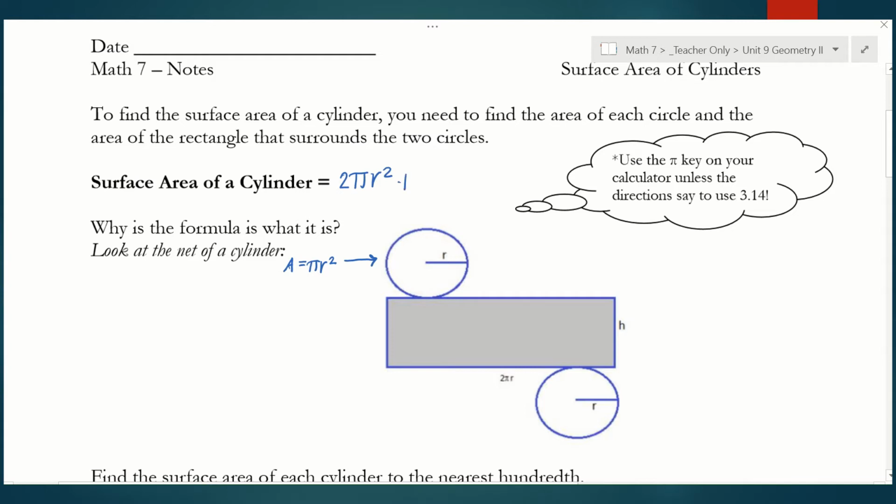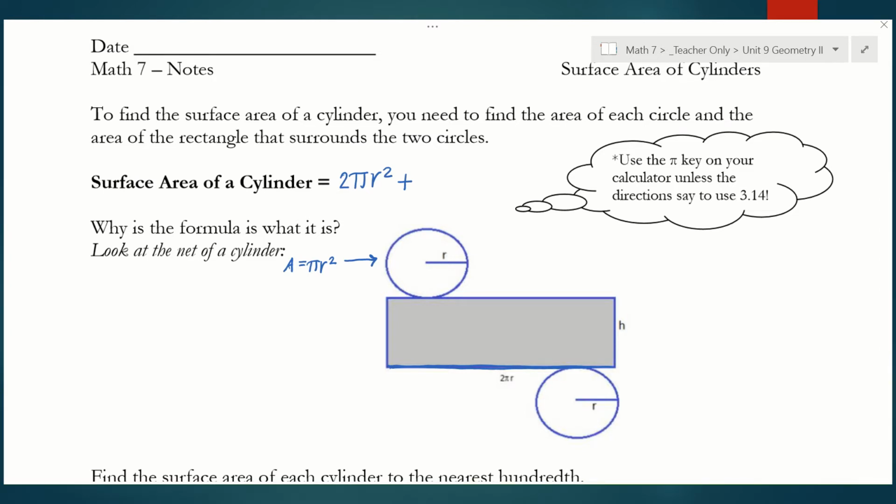And then I need to add to that the area of the rectangle. Now remember, the area of the rectangle is not as easy as length times width, because we're talking about the wrapper on the can. The length of that rectangle is actually the same as the circumference of the circle.